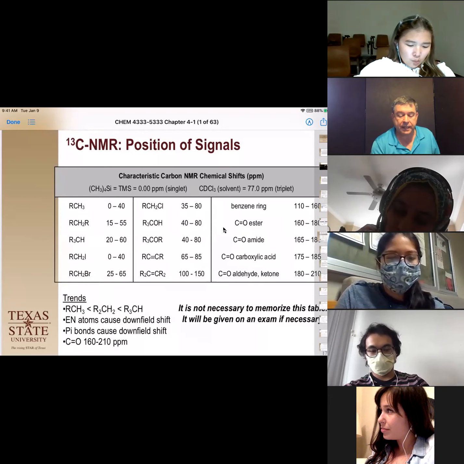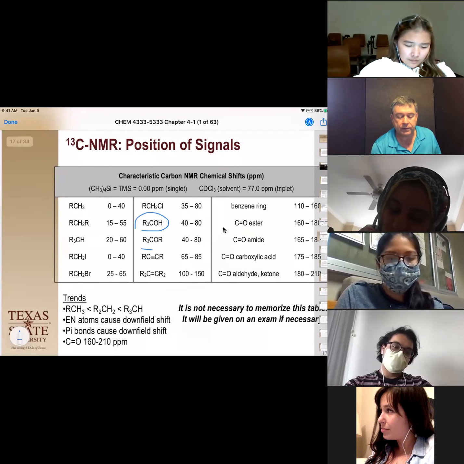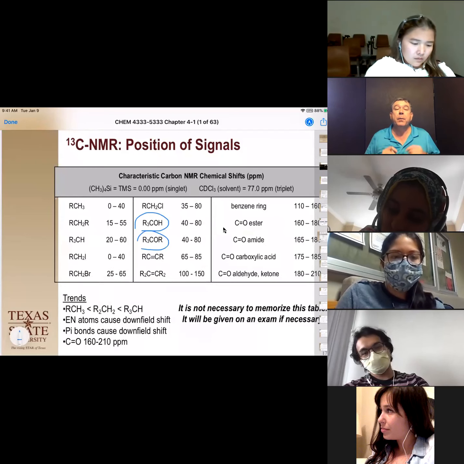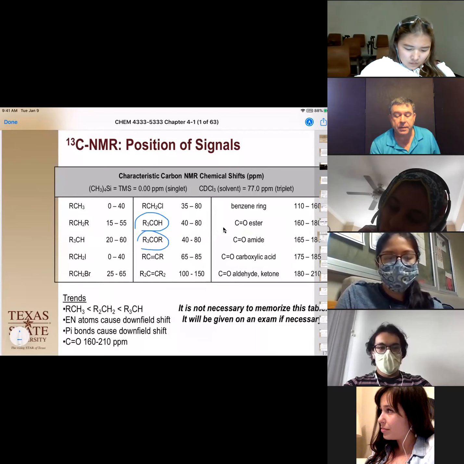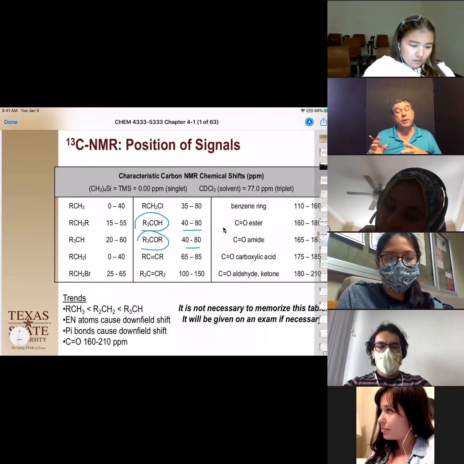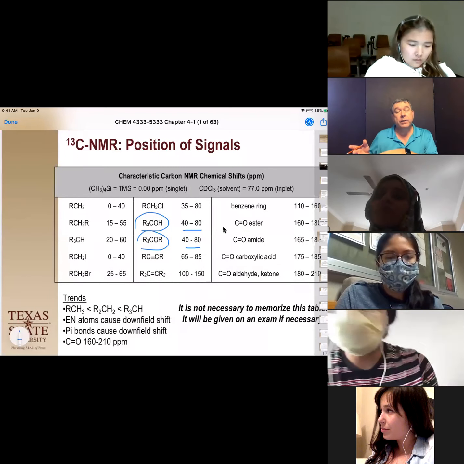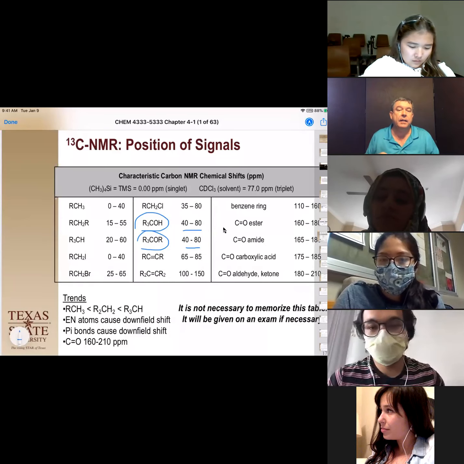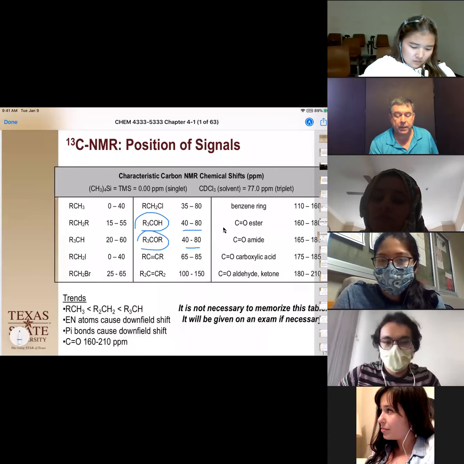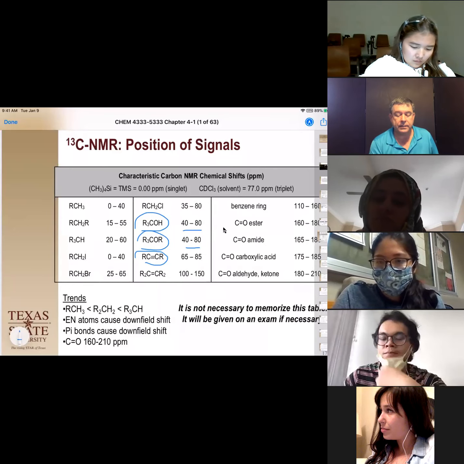So we see that when we start attaching oxygens to carbon, it's also affected by whether or not there are hydrogens on there. But when you start attaching oxygens onto carbon, they shift it into the 40 to 80 ppm range. Okay, when we do that with proton NMR, we're shifting in the 3 to 4 range, right? So it's analogous in that. Our triple bonds are a little bit less than our double bonds.